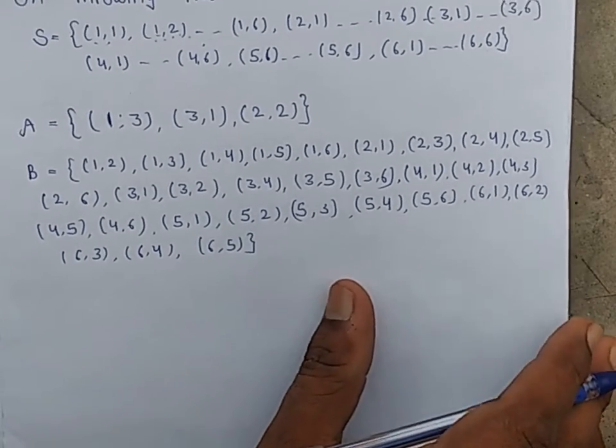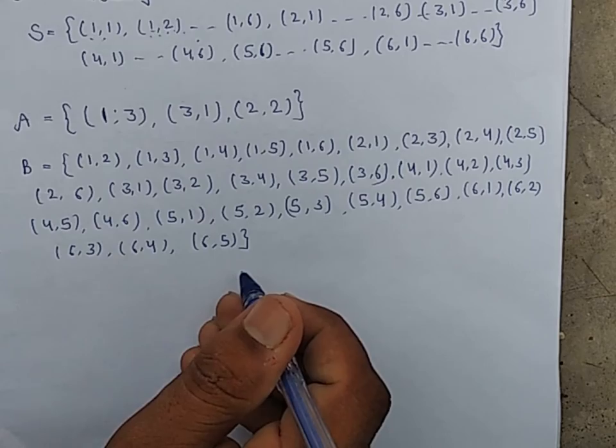And these are the sample points of the event that the dice shows different numbers.